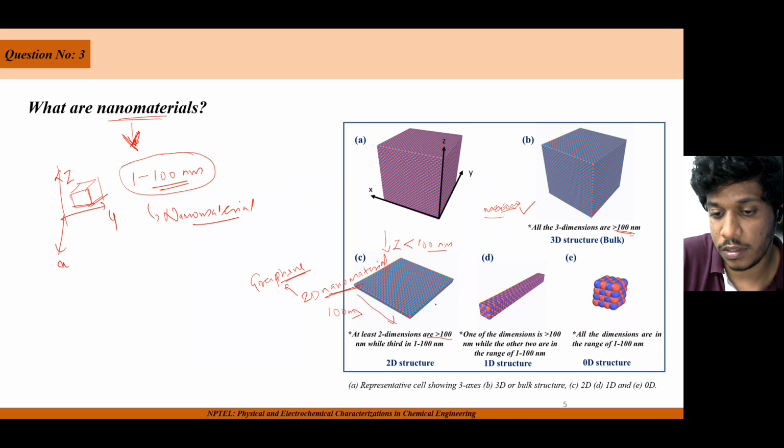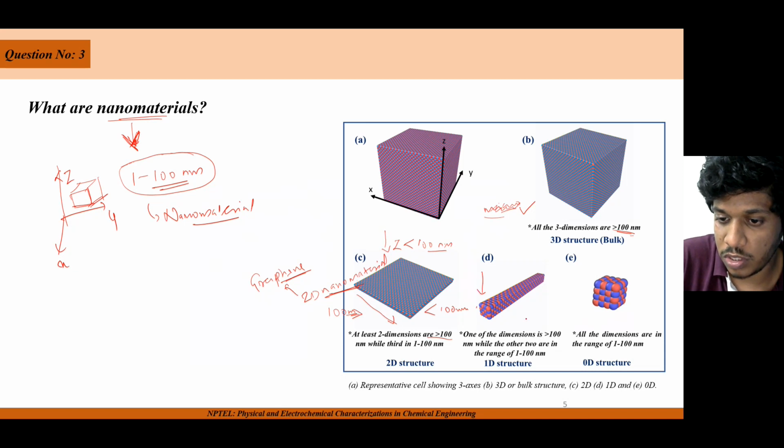100 nanometer. This is greater than 100 nanometer, and this is less than 100 nanometer. Now, if we make a material in which two of its dimensions are less than 100 nanometer, then that is a 1D structure.